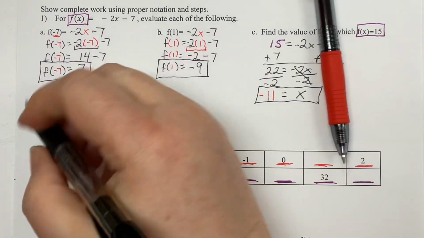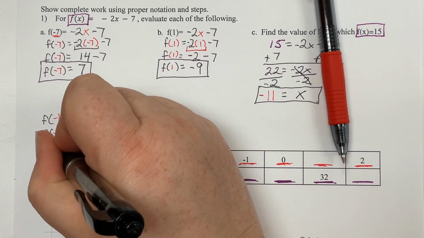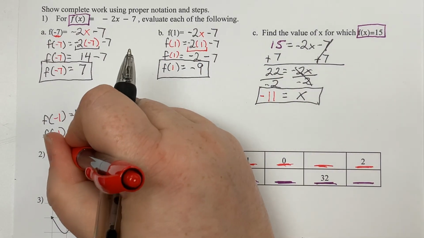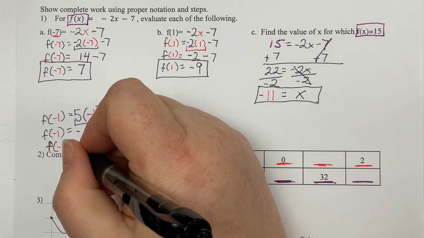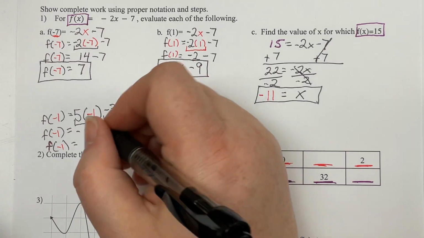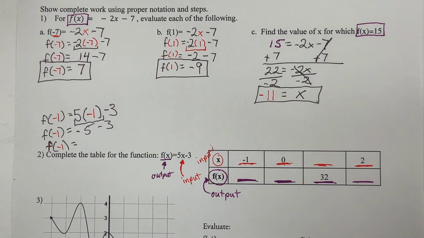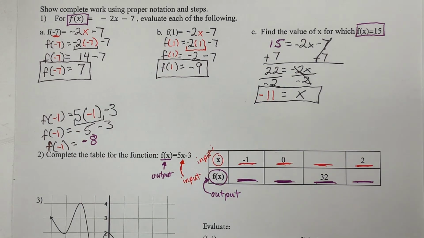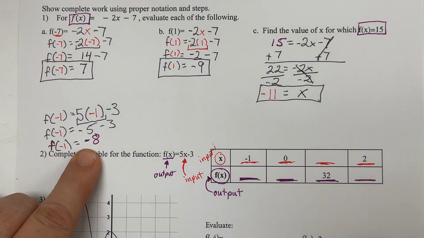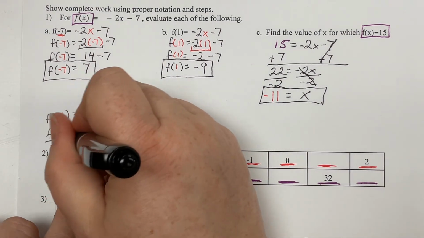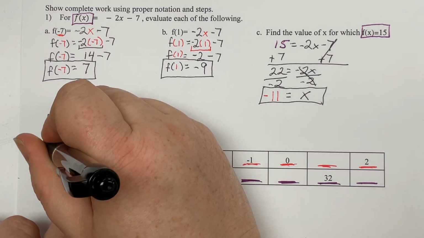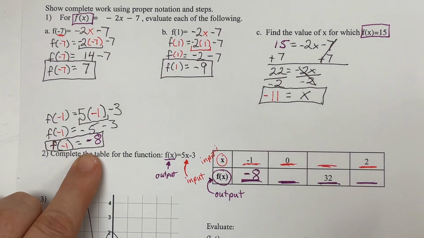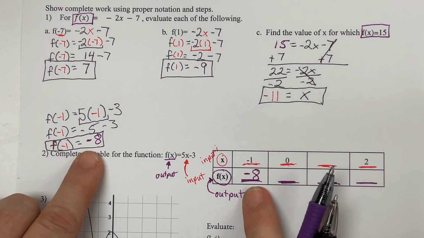So, oops, wrong color. F of negative 1 equals negative 8. Now my negative 8 that I got from my answer right here, that's going to go right here in this table, negative 8. See where that comes from?